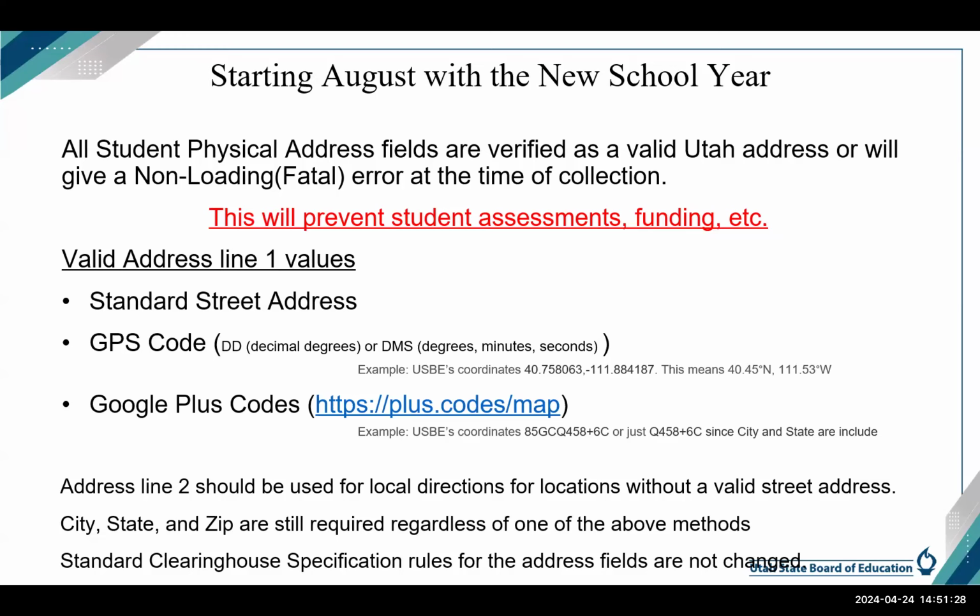The city and state and zip are still required, regardless of what means of validation we're implementing. And there's been no change to the clearinghouse rules, the 100-character limits, the 24-character limits, all that, the zip code being exactly 5, that's all unchanged.